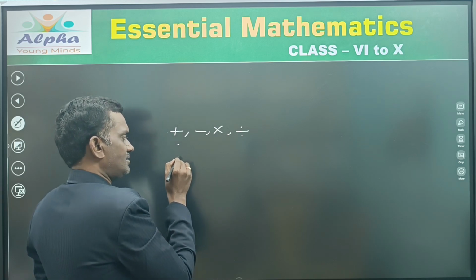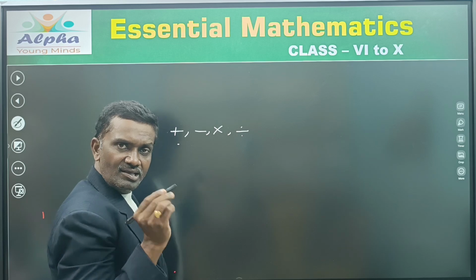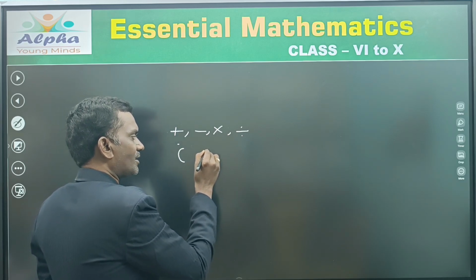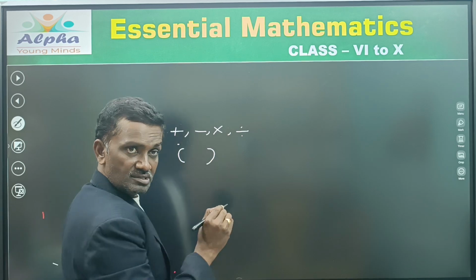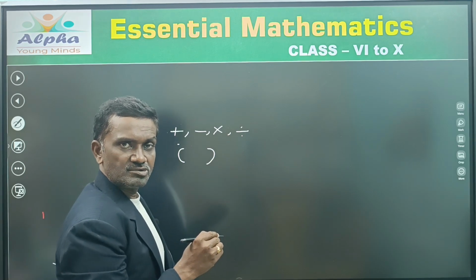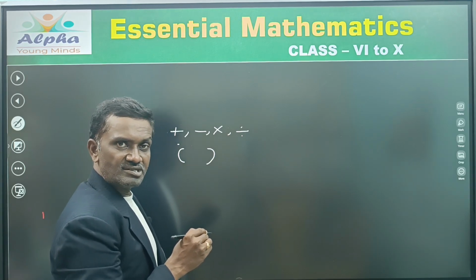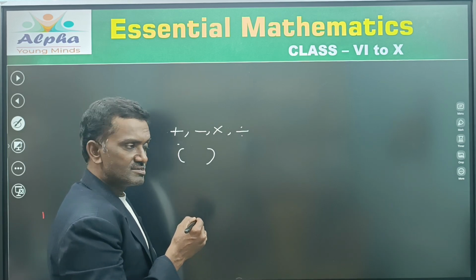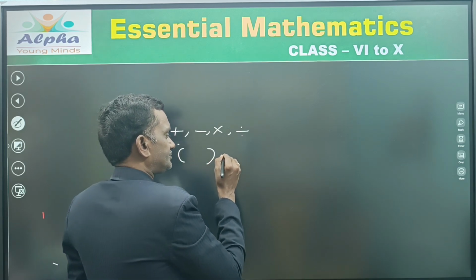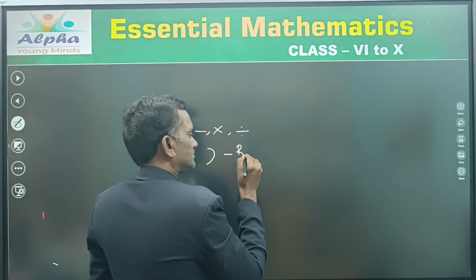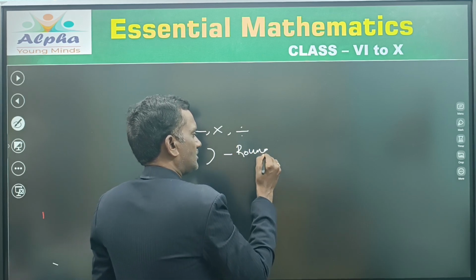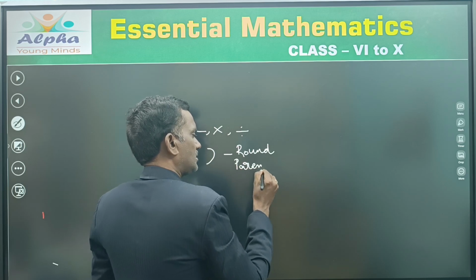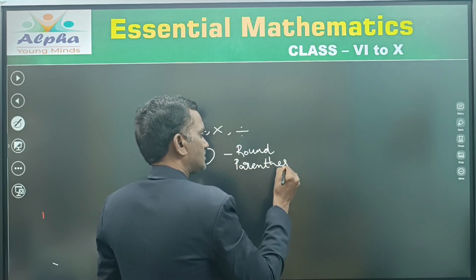And then we simplified expressions involving this type of bracket. We generally call it open brackets. In different syllabus versions, you can find names of this bracket as round brackets or parentheses.